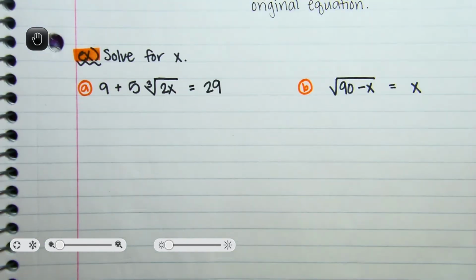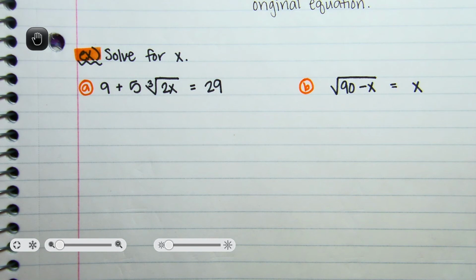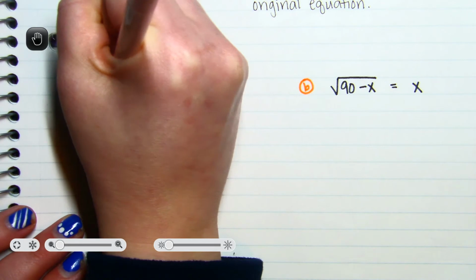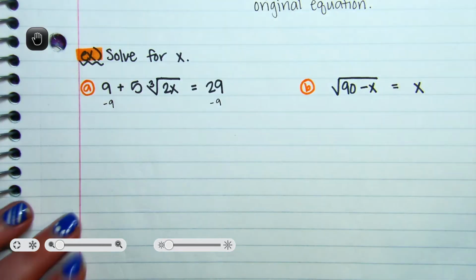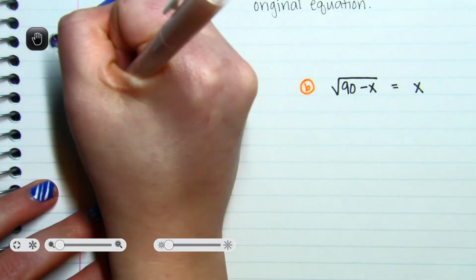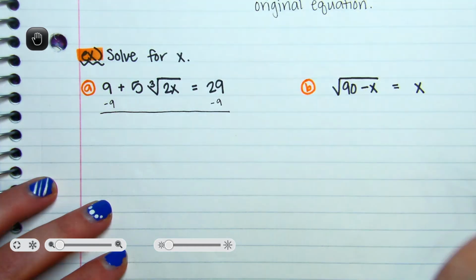So, part A, step 1 is to isolate the radical. What do you think we do first to isolate it? If you said subtract 9, you are correct. So I'm going to go ahead and show that step. So I'm going to subtract 9 on both sides.